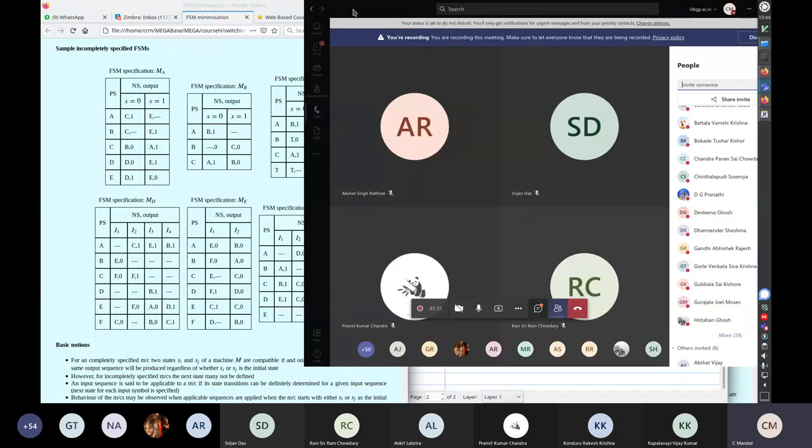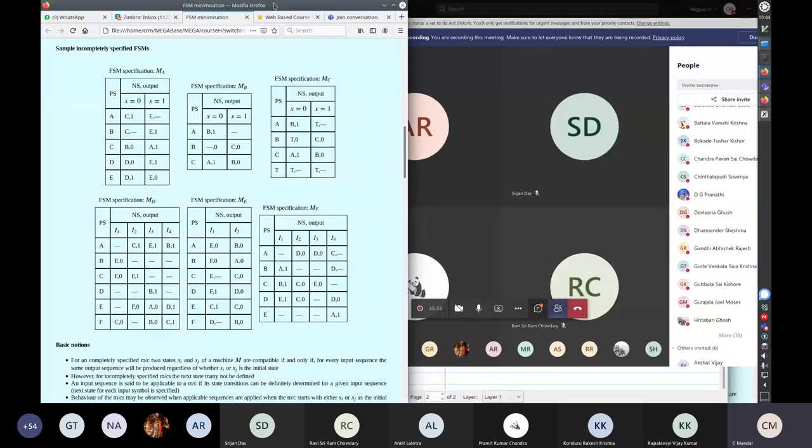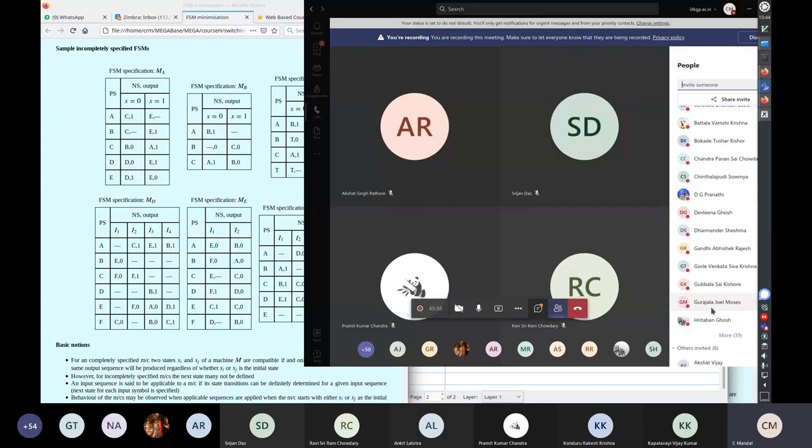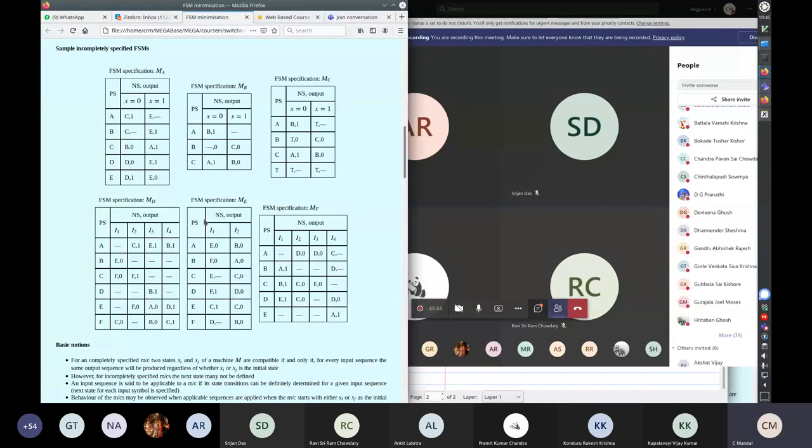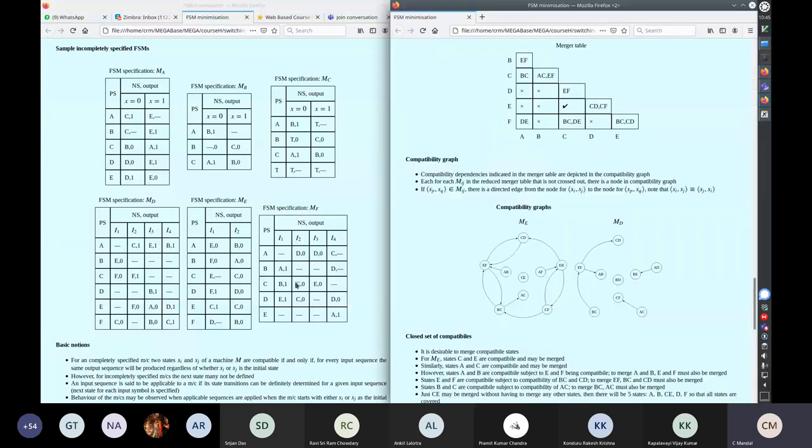So Abhishek, Rajesh, if you look at this, can you identify a pair which is missing?